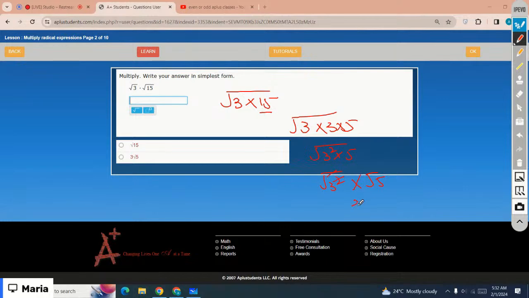The square and square root cancel out, and you are left with 3 square root 5. The correct option is option number 2, that is 3 square root 5.